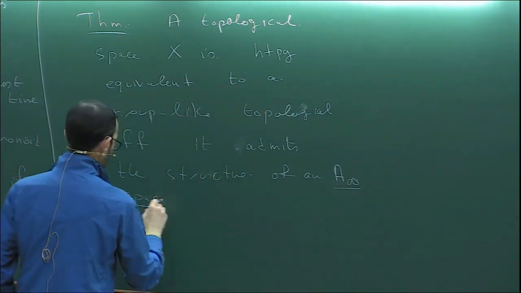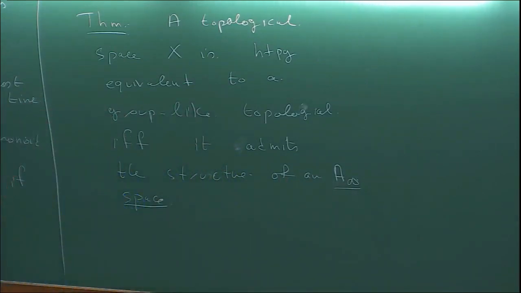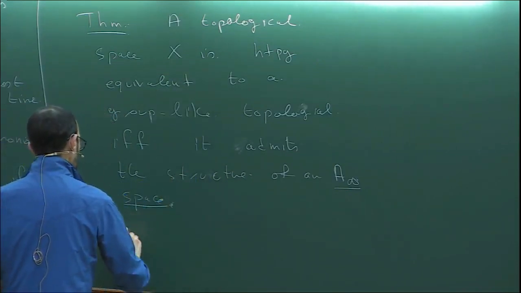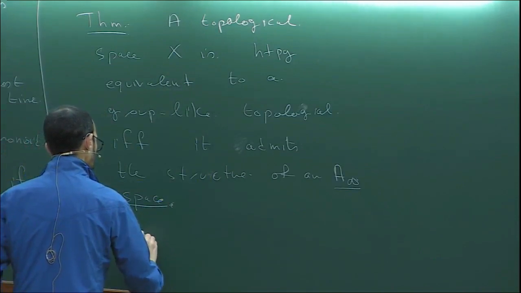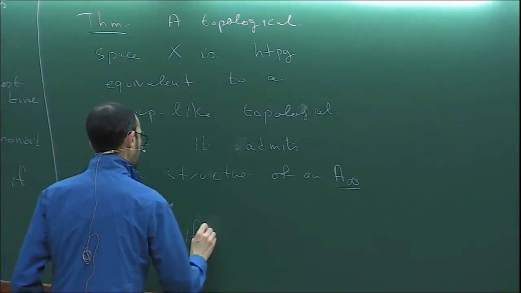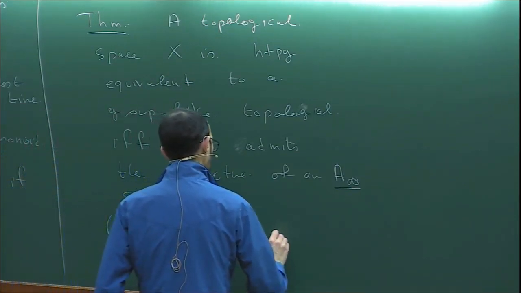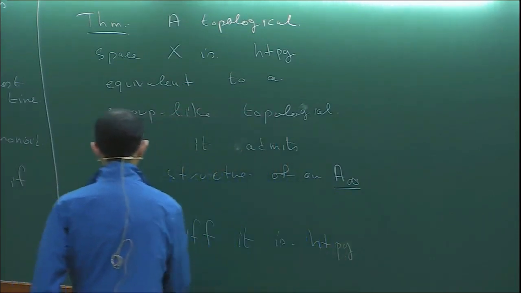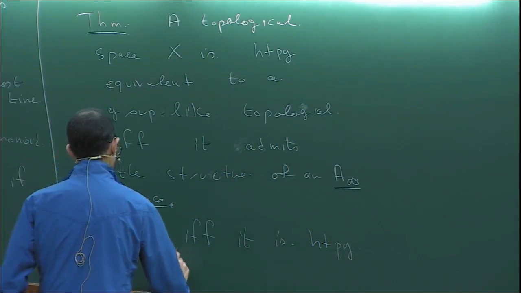And the next thing that I will say is I will clarify this notion of A infinity space. But before I do that, I want to say also: if and only if it is homotopy equivalent to a based loop space.